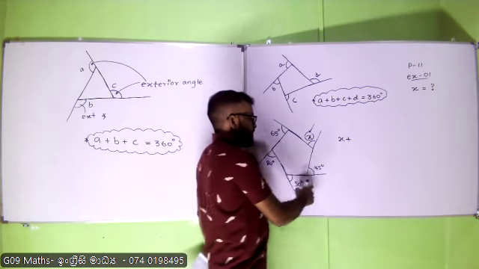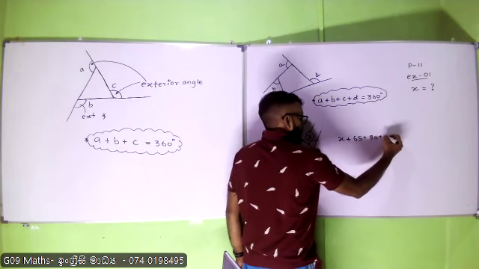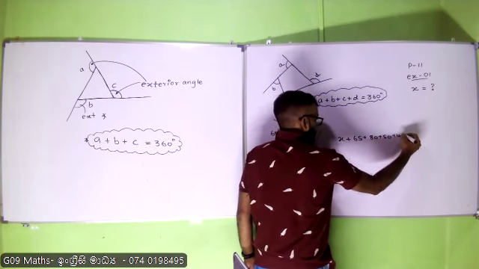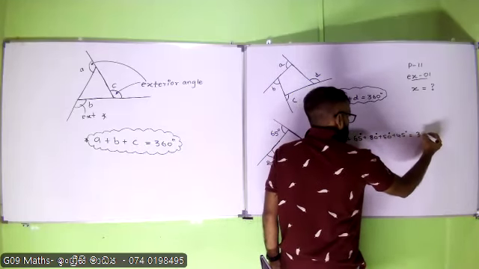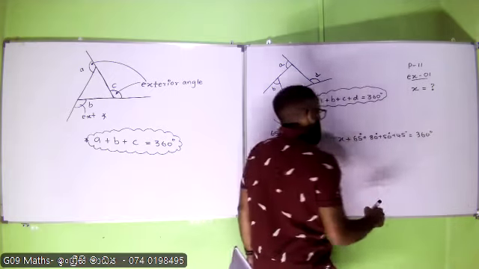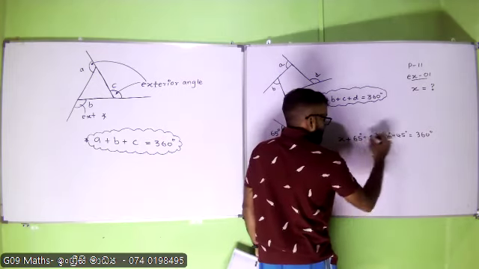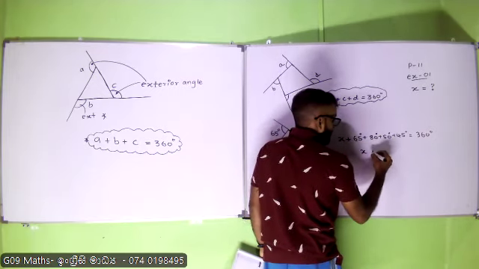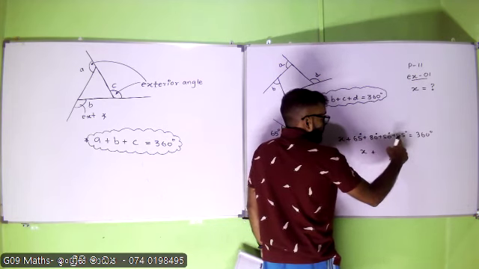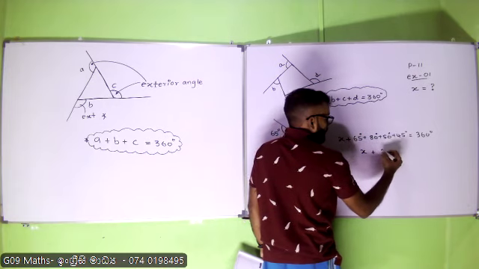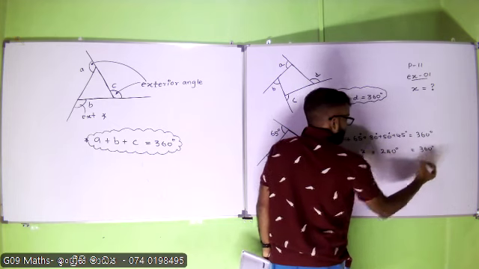x plus 65 plus 80 plus 50 plus 45, all of them degrees, equals 360 degrees. Exterior angles of a pentagon or polygon, whatever. So take the summation of these things. x plus 240 equals 360.